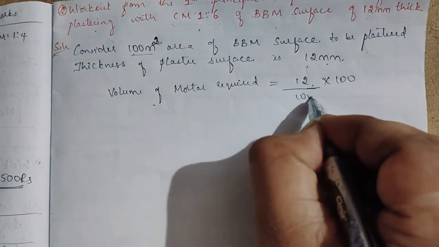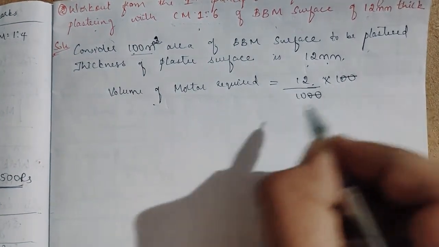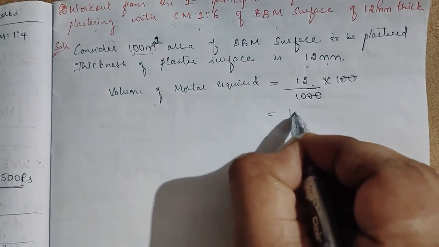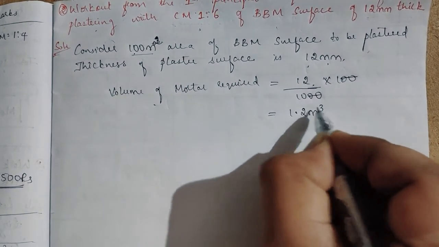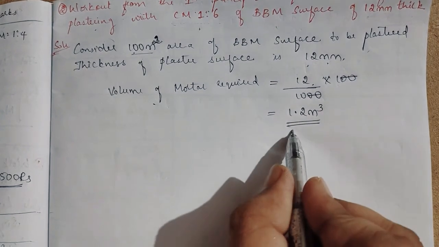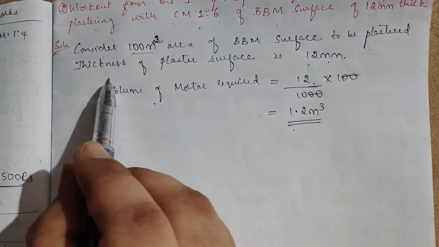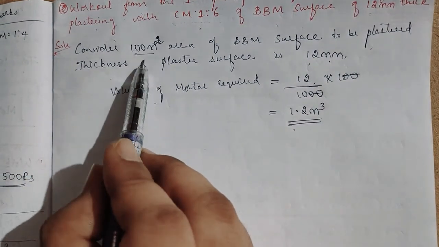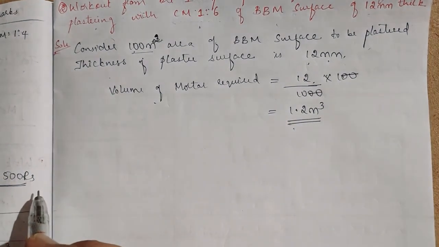I'll divide by 1000 so that I can get the volume in meter cube, that is 1.2 meter cube. So 1.2 meter cube of volume is required when we consider 100 meter square area work.